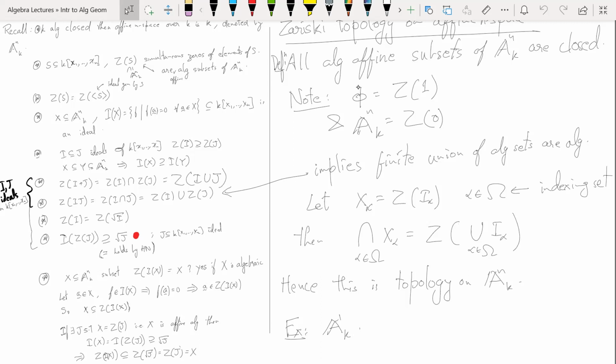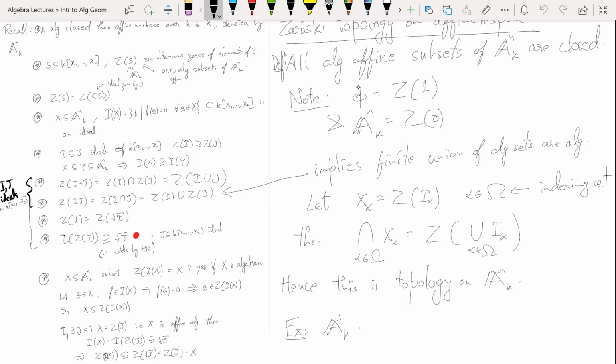And then for finite unions of algebraic sets being algebraic, we use this identity: Z of I intersection J is the same as Z(I) union Z(J). Once you do it for 2, then finite is just inductive. Or you can do it in one go. If you have finitely many algebraic sets given by ideals I1, I2, ..., In, then you just take the intersection of these ideals and look at its zero set.